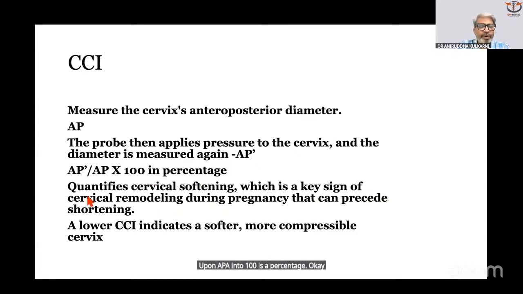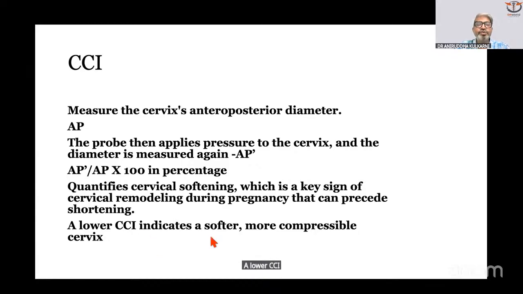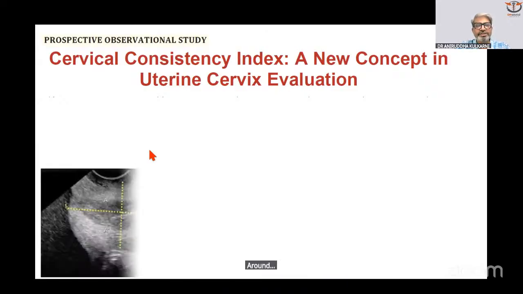This quantifies the cervical softening, which is a key sign of cervical remodeling during pregnancy that can precede the shortening. A lower CCI indicates a softer, more compressible cervix. So the cervical consistency index, or CCI, is a newer concept, maybe around the last decade.